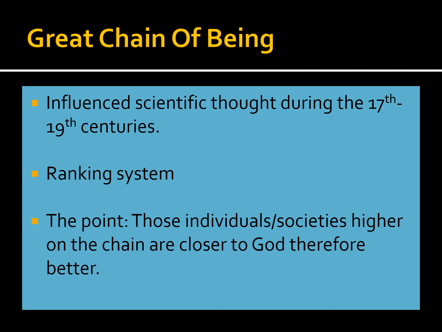So once they got done ranking all of the plants and animals, they started to move on to sub-rankings within specific species, more importantly, sub-rankings within humans, right? The point was that those individuals or societies that were higher on the chain were therefore closer to God and therefore better than those societies or peoples who were not as high on the chain.